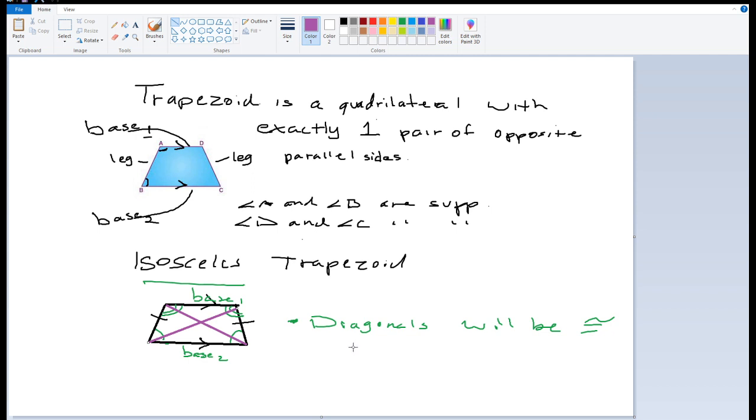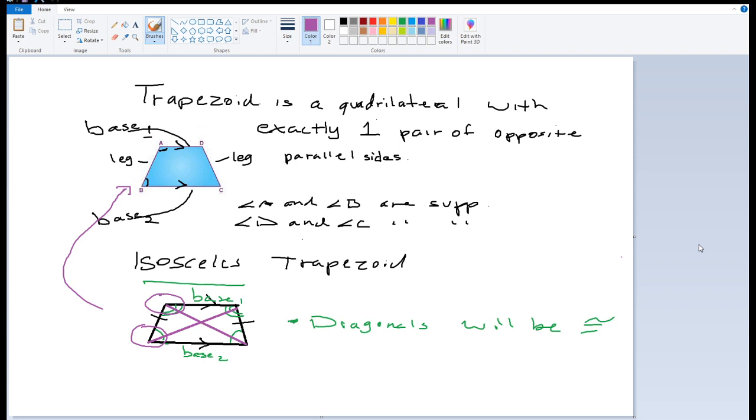We can also say that both angles, because it's a trapezoid, are supplementary as well, just like we had up here with a regular trapezoid.